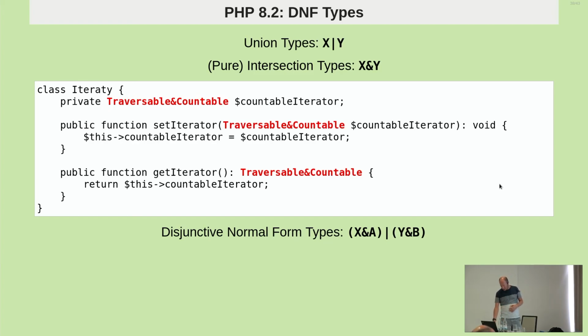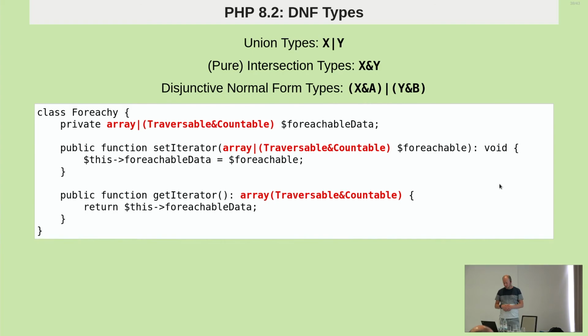And in PHP 8.2 we now get disjunctive normal form types, which is a combination of intersection types and union types, but only in this specific form. You can only have a union of intersections. You cannot have an intersection of unions. You also will almost never need that, but it is sometimes useful to have a union of intersections.